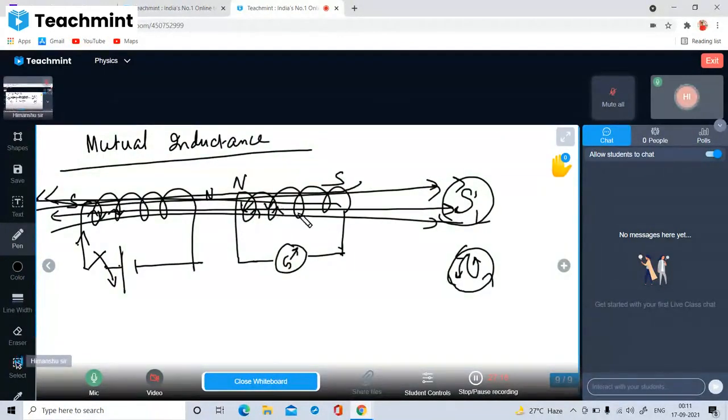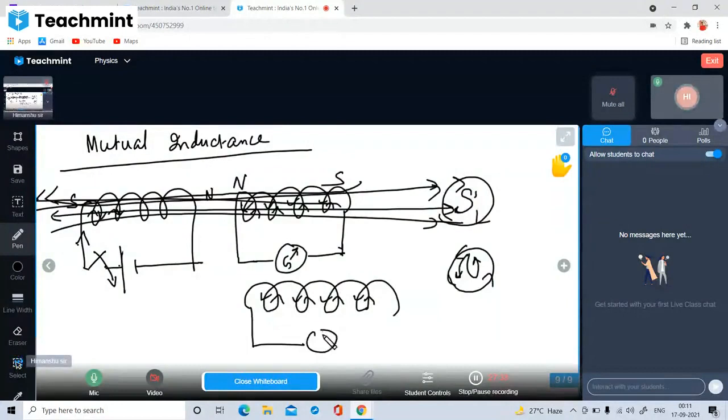Can you see it? Like this. And here we can get the current of opposite directions.